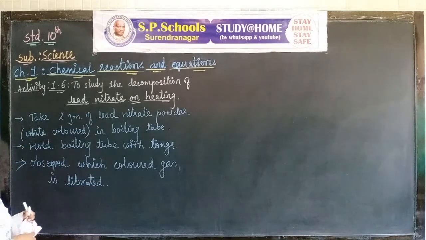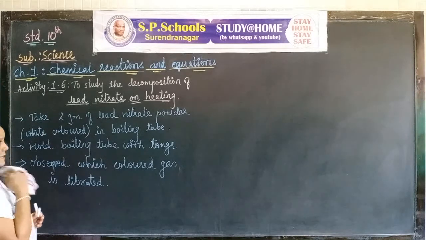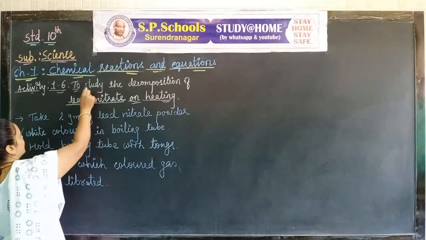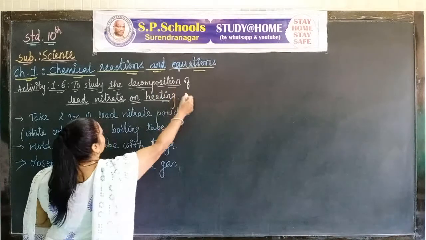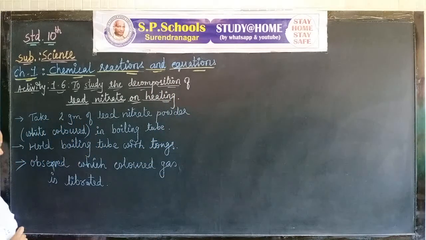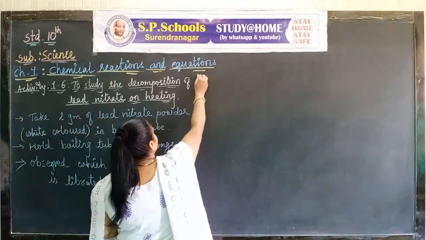When we heat the powder of lead nitrate, one type of gas is liberated. We observe the color of the gas and which type of gas is liberated. So write the observation for this reaction.